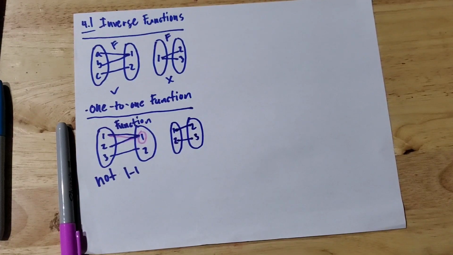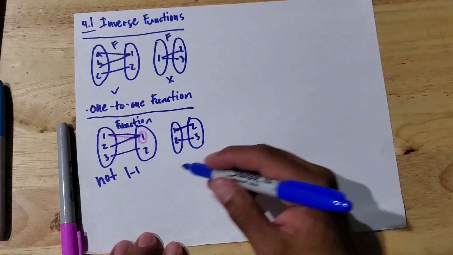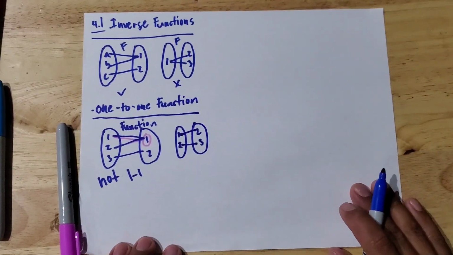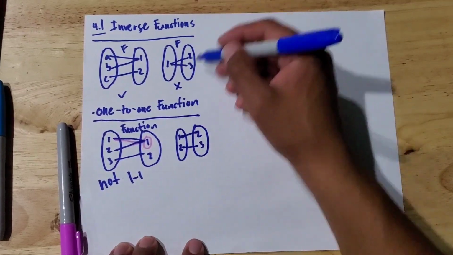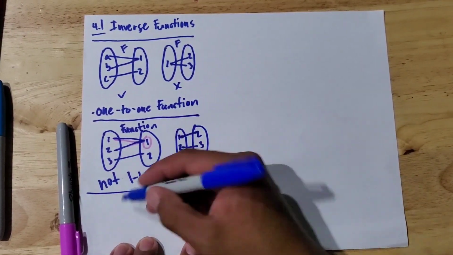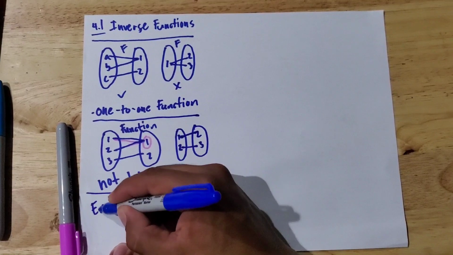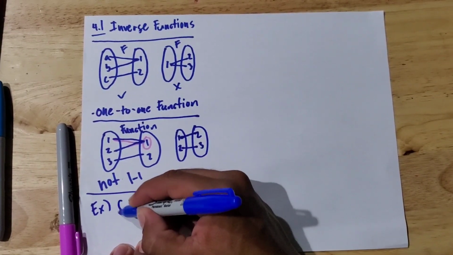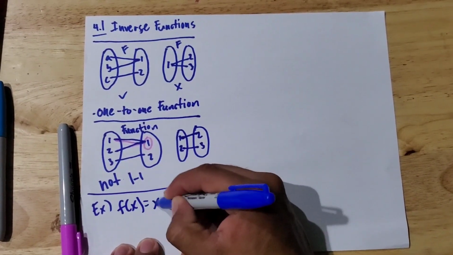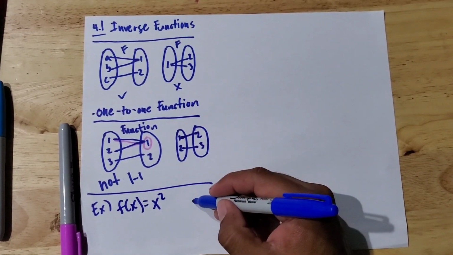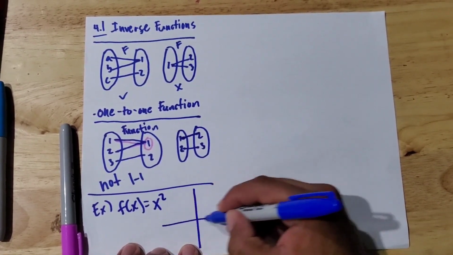But to be able to see which functions are 1 to 1, instead of looking at every single point, because remember, if we're looking at a graph, for example, let's say we're looking at x squared. We already know what that looks like. That's just a parabola.